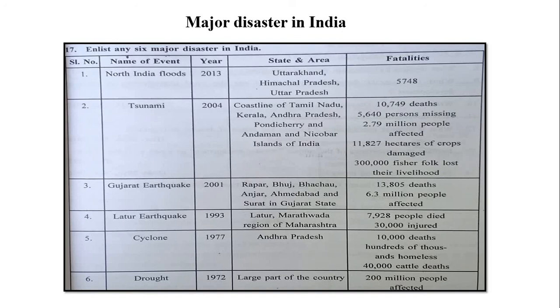Cyclone in 1977, Andhra Pradesh: 10,000 deaths, hundreds of thousands homeless, 40,000 cattle deaths. Drought in 1972: a large part of the country and 200 million people affected. So there are major disasters in India.